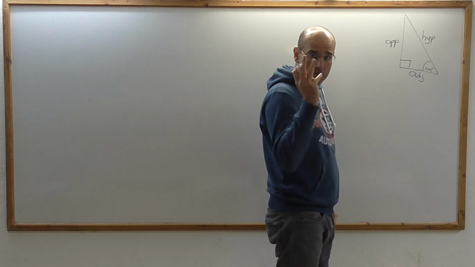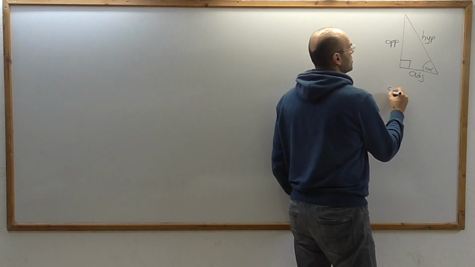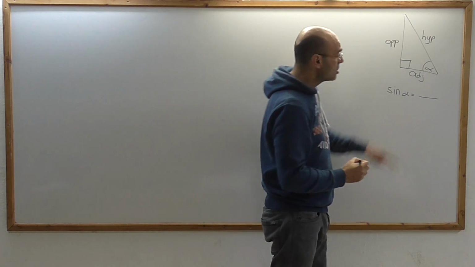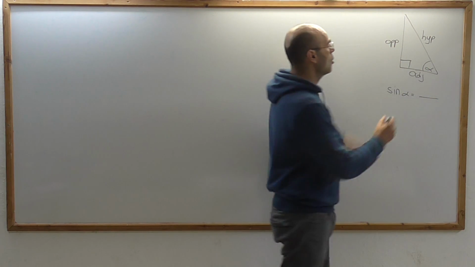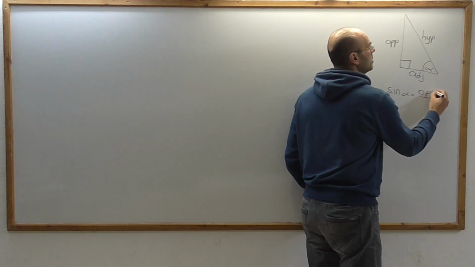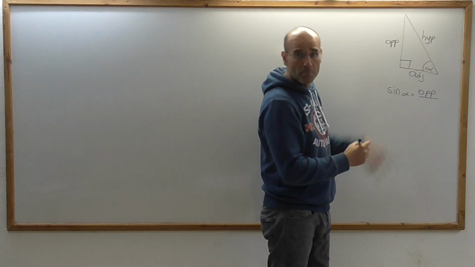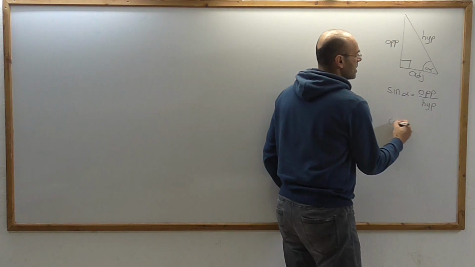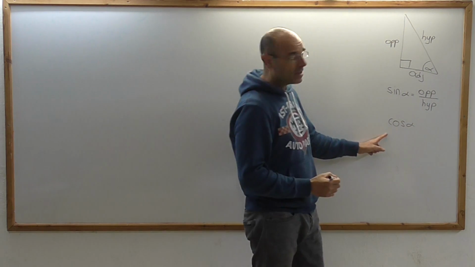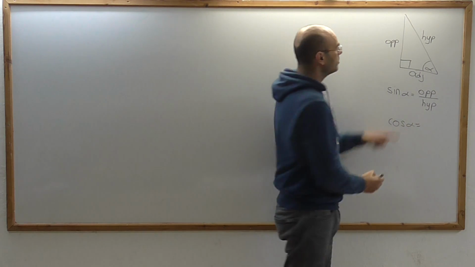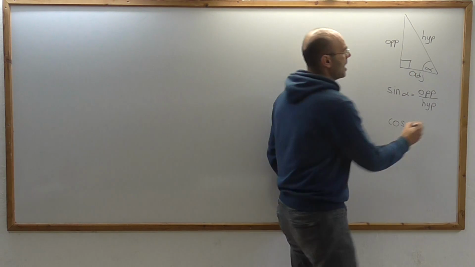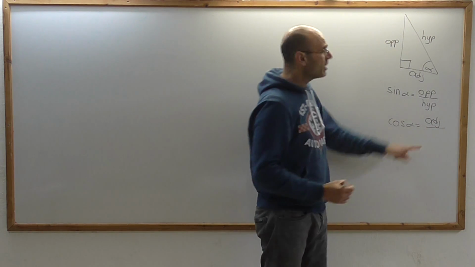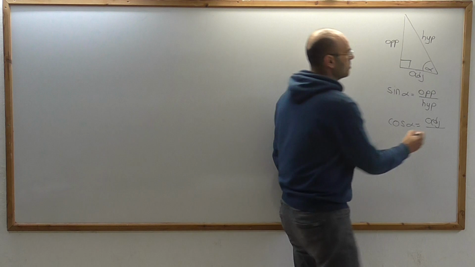We need to know three main things. The first, sine alpha is always equal to the opposite side, op, divided by the hypotenuse, hip. The cosine alpha equals the adjacent side, adj, over, divided by the hypotenuse, hip.